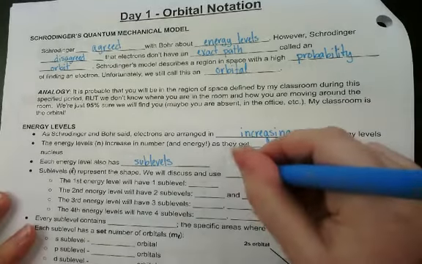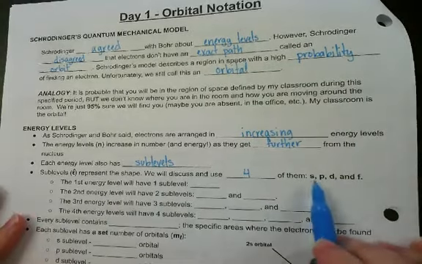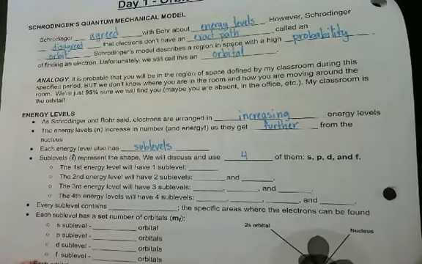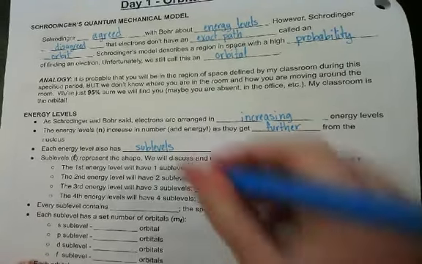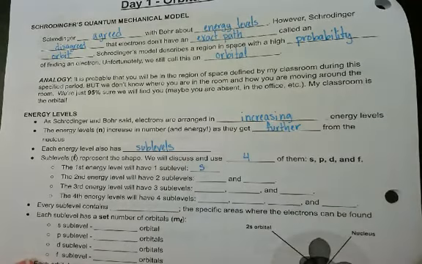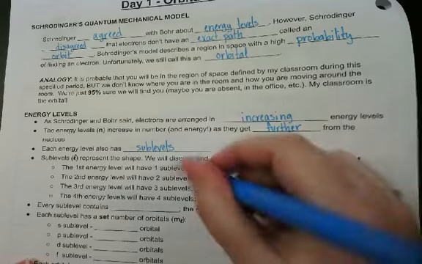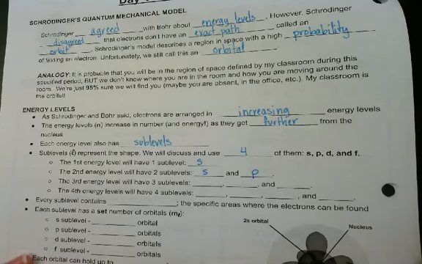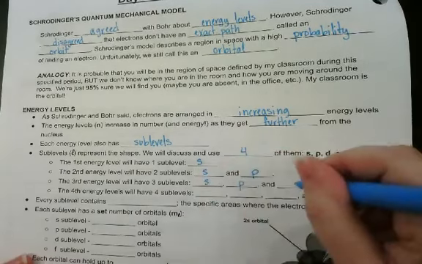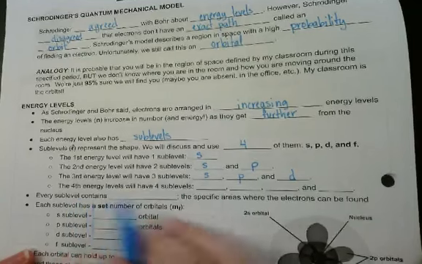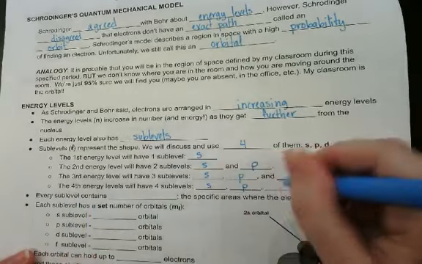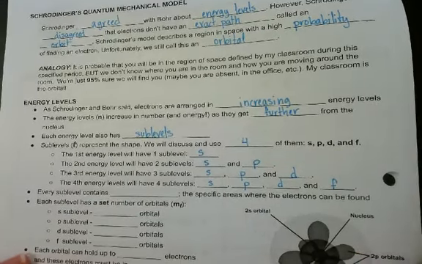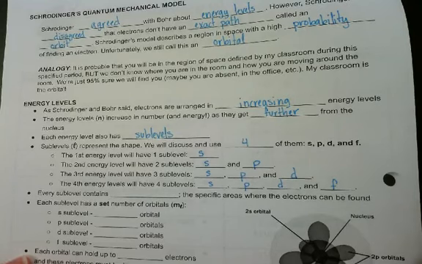We're going to discuss and use 4 of them, and they're called S, P, D, and F. The first energy level only has one sublevel, and that's S. The second energy level is going to have 2 sublevels, S and P. The third energy level has 3 sublevels, S, P, and D. And the fourth energy level has 4 sublevels, S, P, D, and F. So as we increase in energy level, we're adding on a new sublevel.